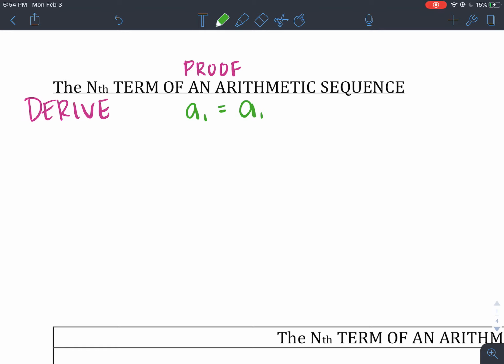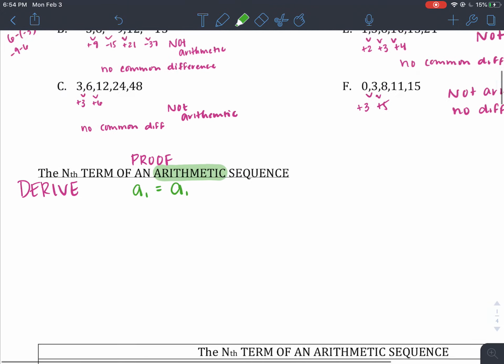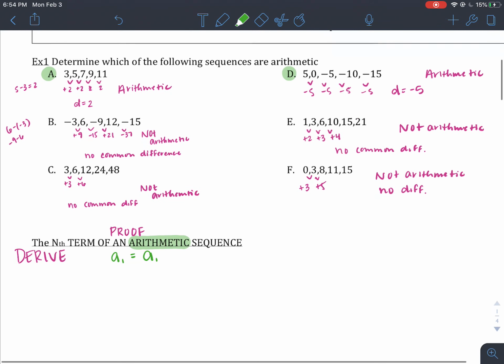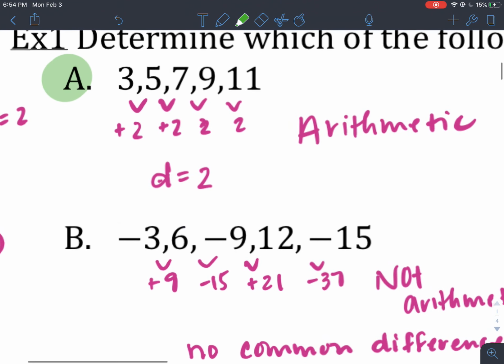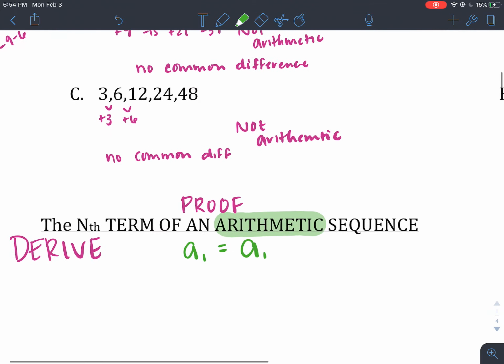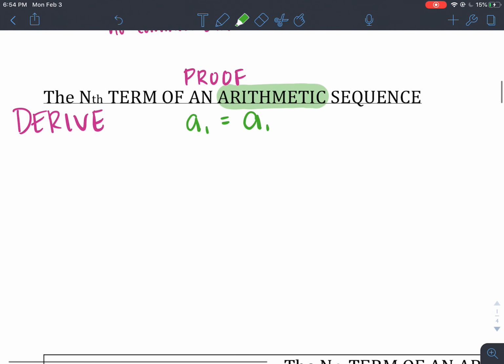Okay, nothing groundbreaking there, but we get to start from there. And then we're also going to use the fact that this is arithmetic. And just like we talked about all up here, all of our arithmetic terms have to have a common difference d. And to get from the first term to the second term, we add d. To get from the second term to the third term, we add d. Third to fourth, add d. So we're constantly adding d to get from one term to the next.